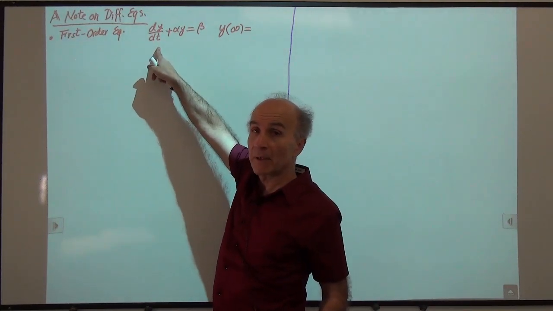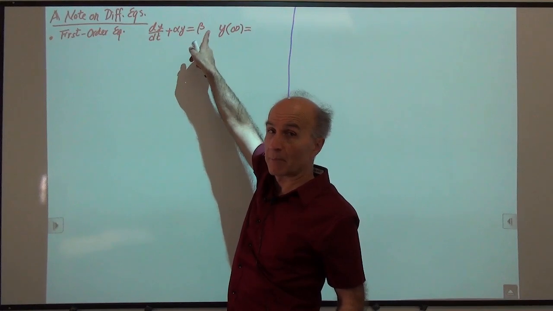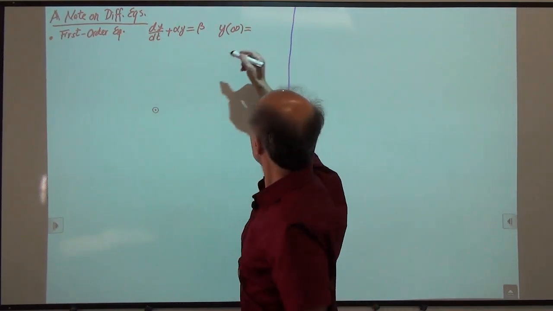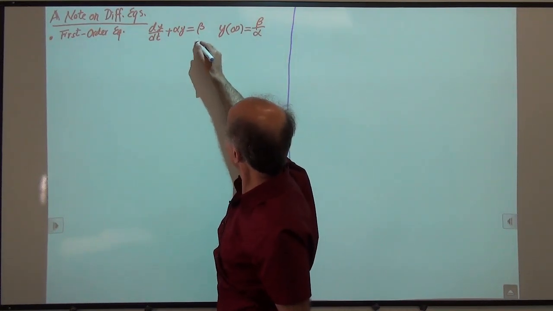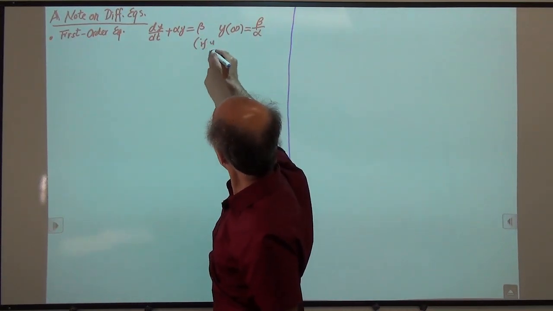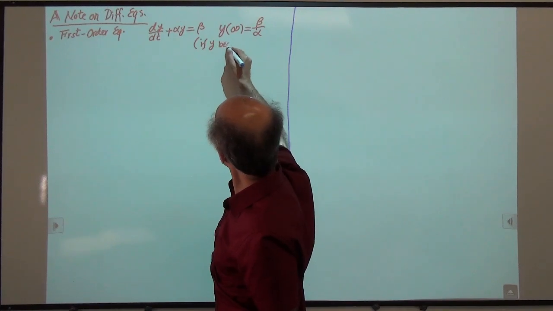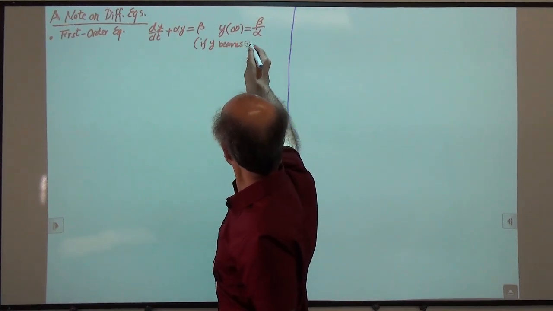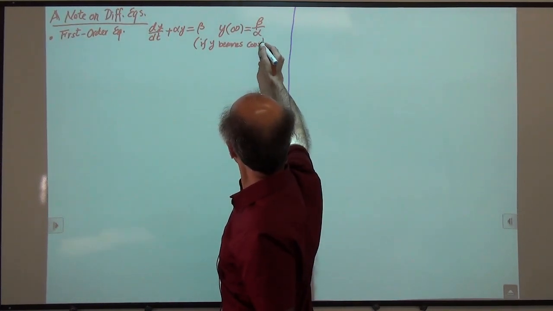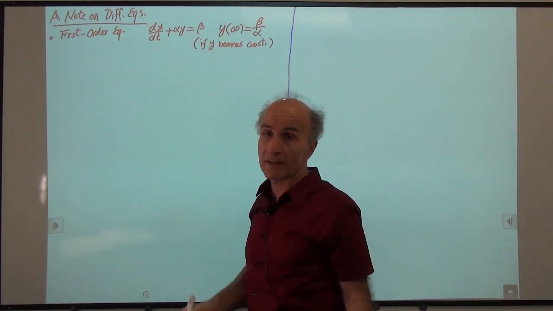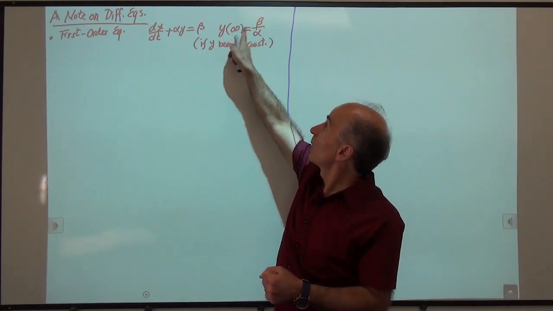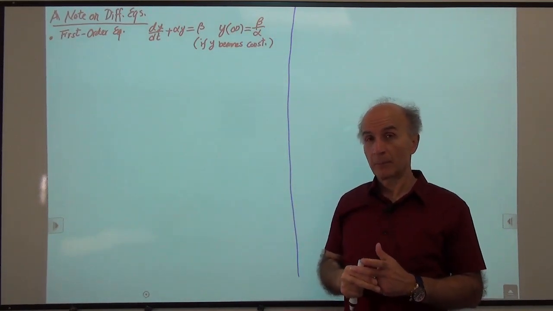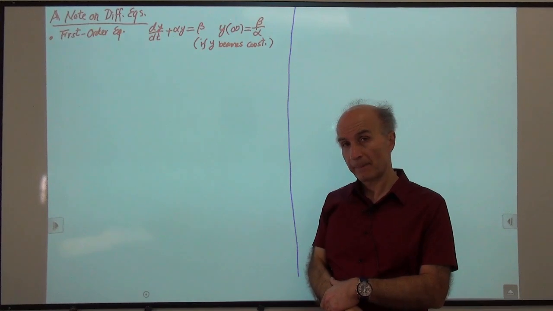Right? So that means that y at time infinity is just given by beta over alpha. Of course, the key point here is if y becomes constant, right? So we are making an assumption that y is constant, and what we know is, if that's true, the infinite value of y is just beta over alpha, because the derivative is 0.